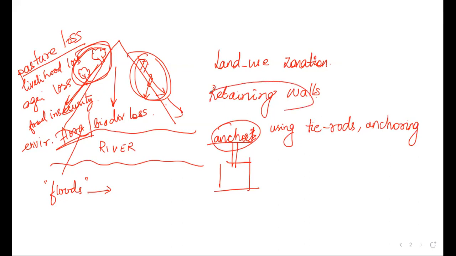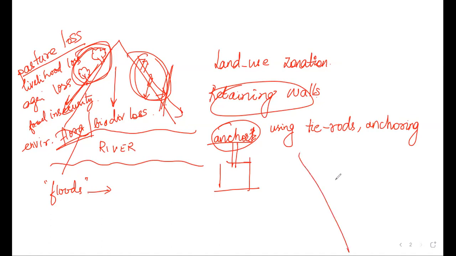Now coming to retaining walls, they will construct a wall that can at least prevent some amount of your landslides from happening. Now this wall will not be of concrete, it will be of a natural material, maybe using bamboo or something. And there will not be one single wall.